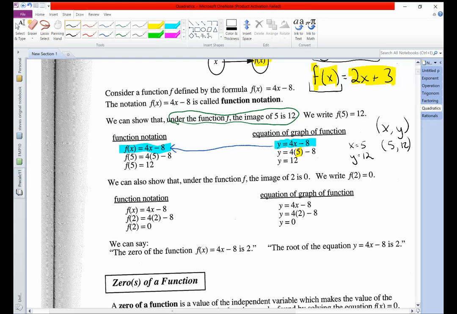The same thing is done in function notation, except where you see the x in the first iteration, you put f of 5. So you're asking, what's the function when the input is 5? Well, you plug that 5 in, and you get the 12, and you can say the function when the input is 5 is equal to 12. And that's the same thing, right? So it results in the same point. F of 5 is equal to 12. So that x represents the input right there.